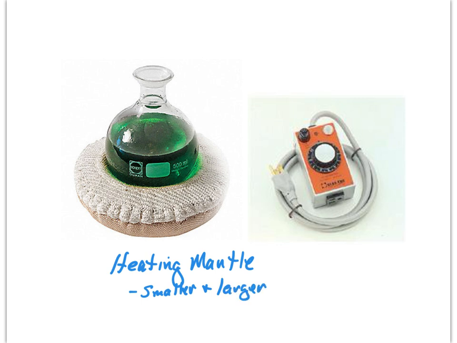If you can't find one that fits your flask, what you can do is put your round bottom flask down in a larger mantle and then surround the round bottom flask with sand, right? The sand heats, and then you still get even heating along the surface of your round bottom flask.